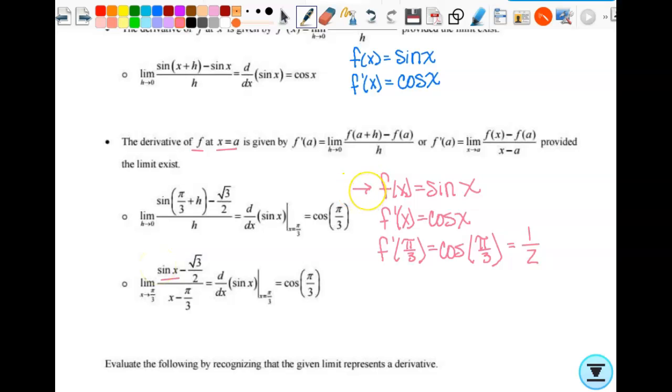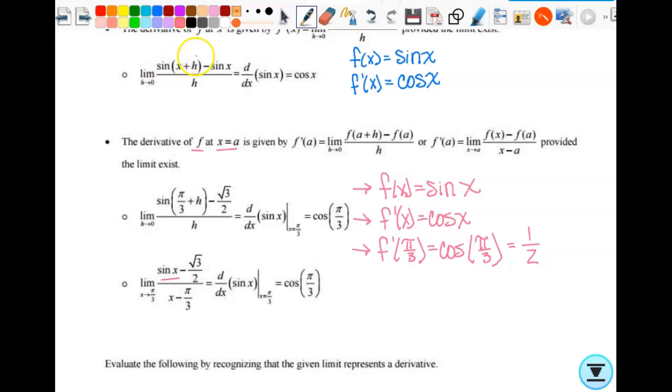We get the same thing right there. Then we take the derivative, and then we would evaluate it at pi thirds, and our answer would still be 1/2. We'd get the exact same answer. So there's 3 different ways to look at these. Notice the differences, because it's very important that you can look at this and take the function out of it. That's the main part of what we're doing today.